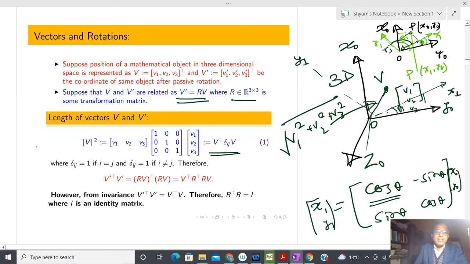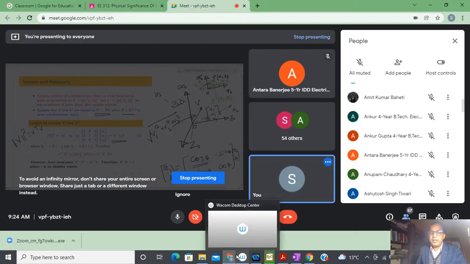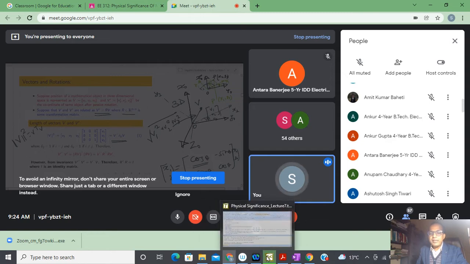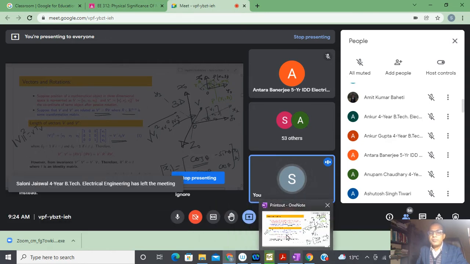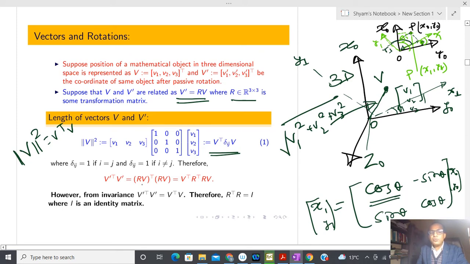Either you can write this notation or that one, both are exactly the same. If you represent it in this way, v dash transpose v dash, I can write it as Rv transpose Rv. Why? Because I have already assumed that I don't know what kind of matrix is involved.